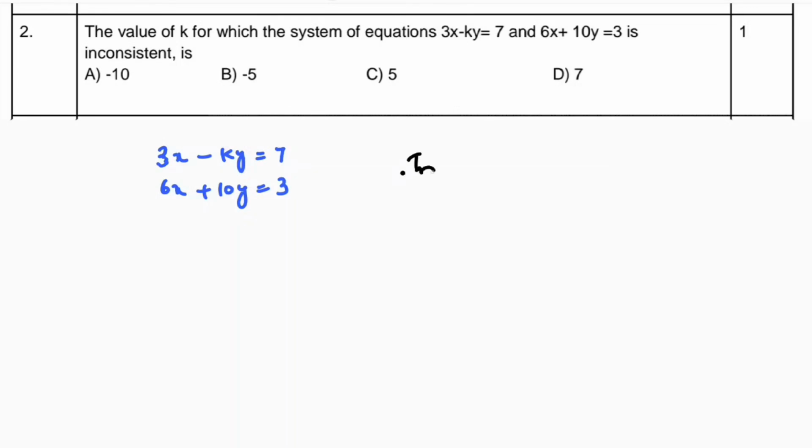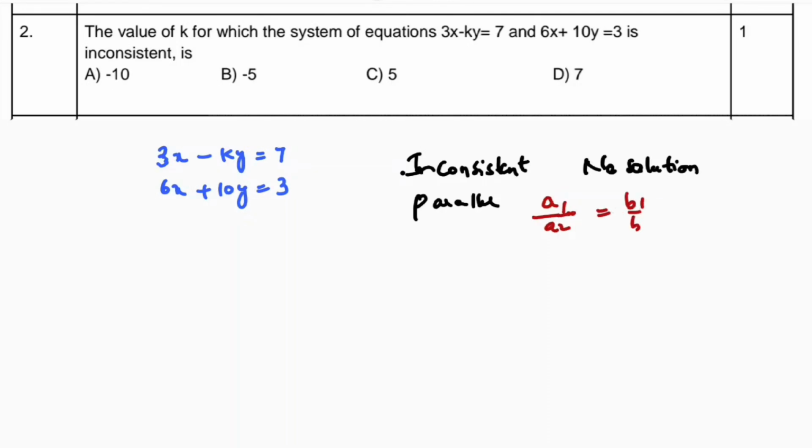See, if the lines are inconsistent, it means the lines are parallel. Inconsistent are the lines where we will not get a solution, no solution. So the condition for the parallel lines is a1 by a2 is equal to b1 by b2, and it's not equal to c1 by c2.